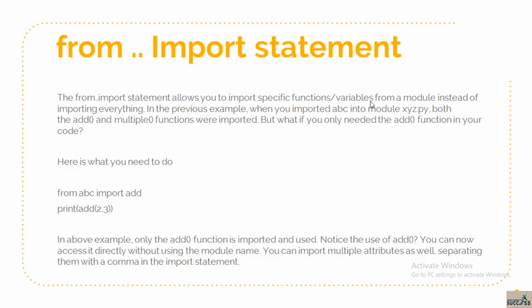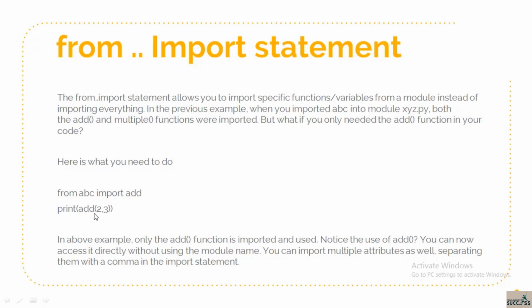But what if you only need the add function in your code? Then we will use this statement. We can say from abc import add. Now we are importing the add function from the abc module, so we are saying from the abc module import only the add function.